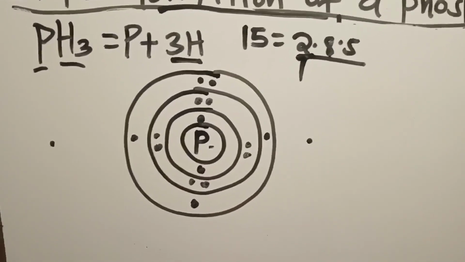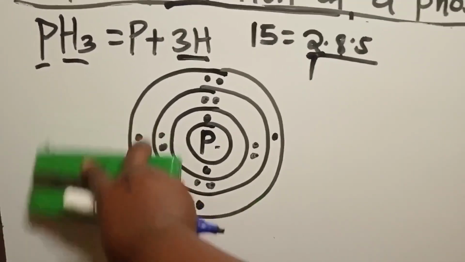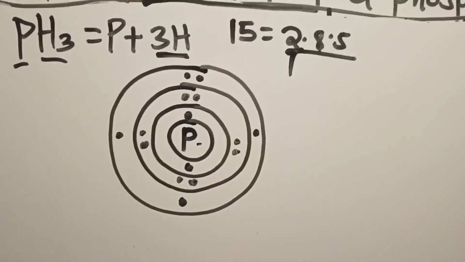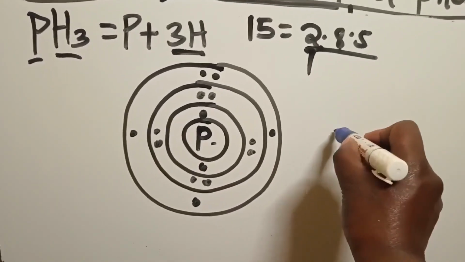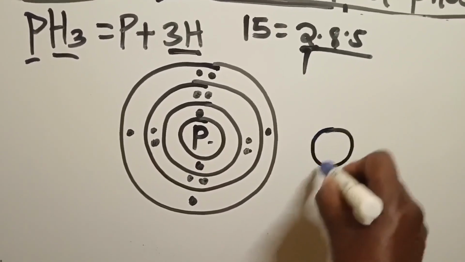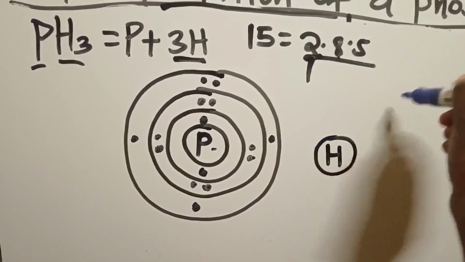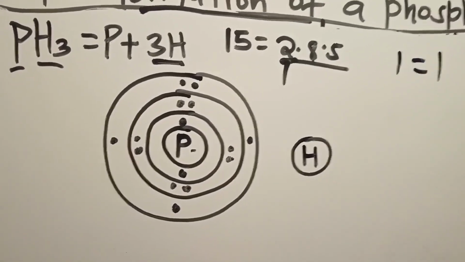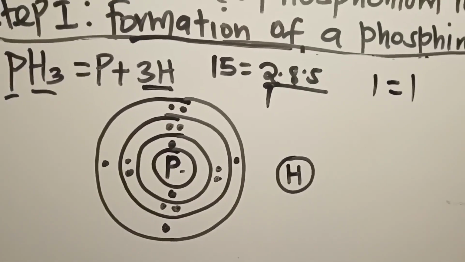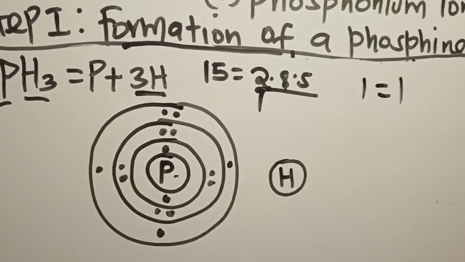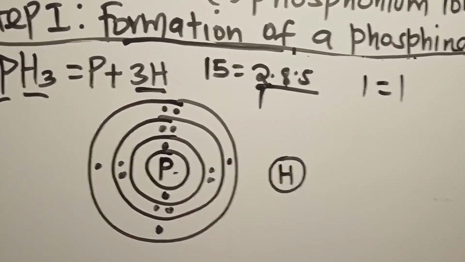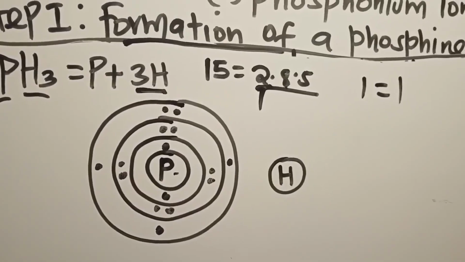So let us now draw the hydrogen atoms, and we should have them separately. So we come here and draw hydrogen. Hydrogen is atomic number 1 with electronic arrangement of just 1. If you can't remember the first 20 elements, hydrogen is usually number 1, which means that atomic number is 1.